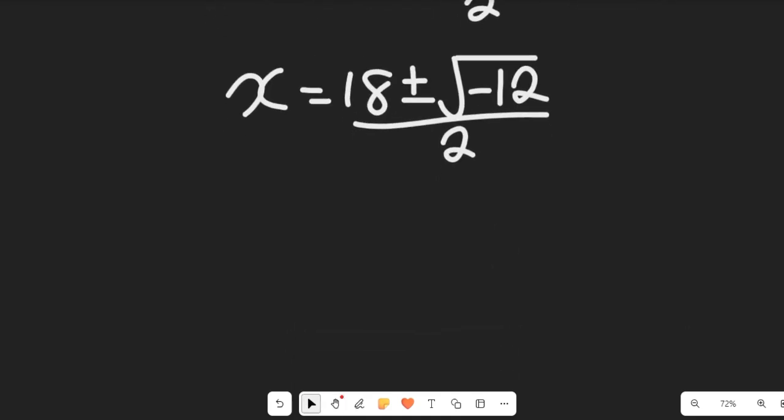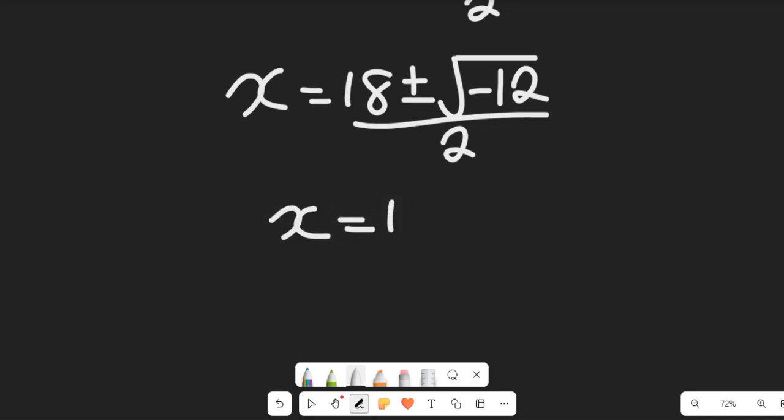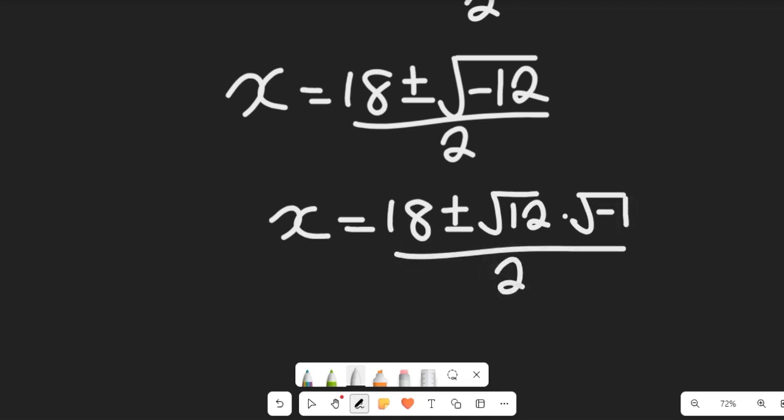So x will be equal to 18 plus or minus the square root of 12 multiplied by the square root of negative 1, all divided by 2.